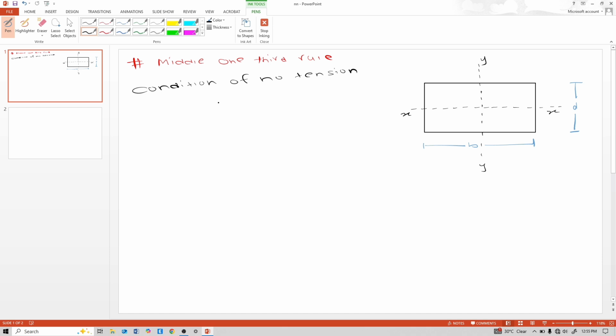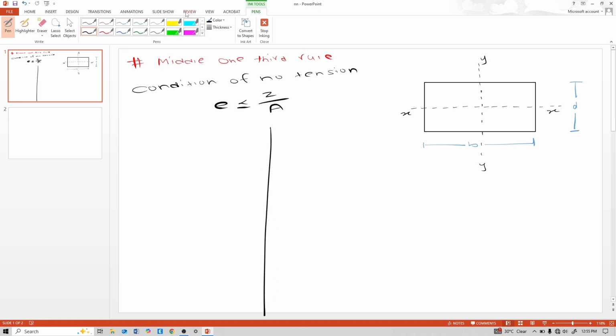What is the condition of no tension? e should be less than or equal to sectional modulus divided by area. With the help of that we will calculate this condition of no tension.